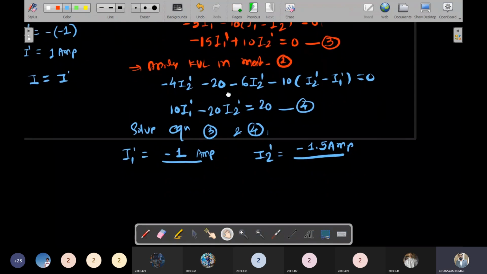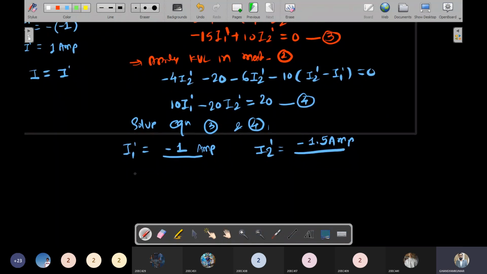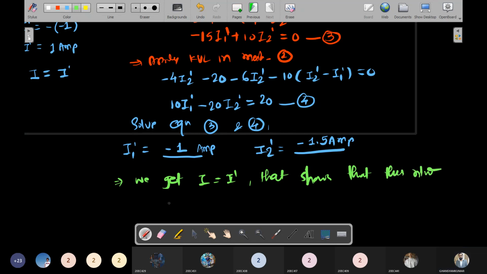So we get I equal to I dash. That shows that this network is following the reciprocity theorem.